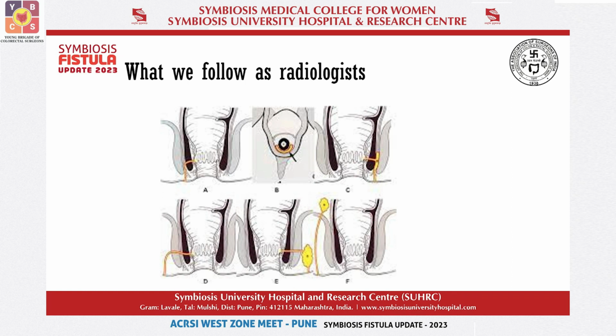Type 3 is a simple transsphincteric fistula, not associated with any abscess or other ramification or division. Type 4 is a transsphincteric fistula associated with an abscess or a ramification. And the last variety is when there is a suprasphincteric and extrasphincteric variation of the fistulous tract.